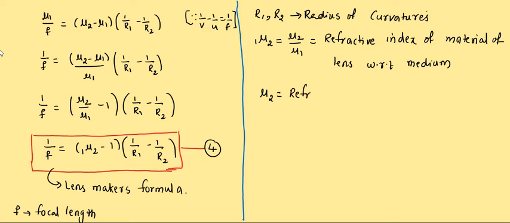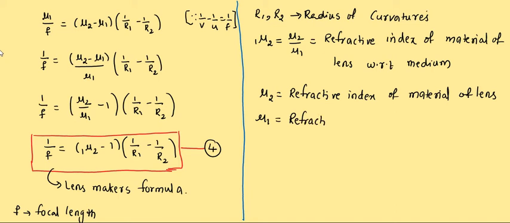That is the refractive index of the material of the lens. The lens is made of a certain material, and that is its refractive index. What is mu 1? Mu 1 is the refractive index of the medium in which the lens is placed.